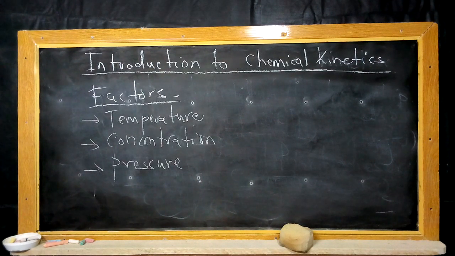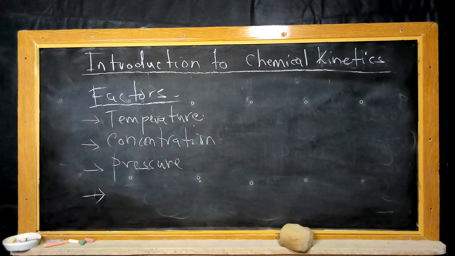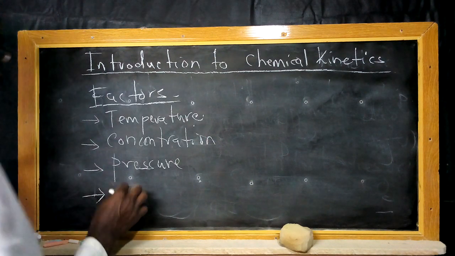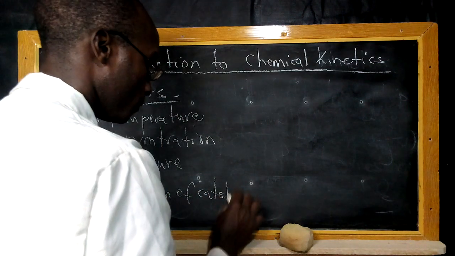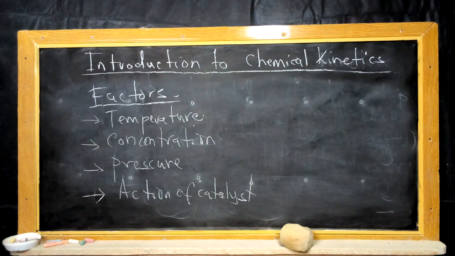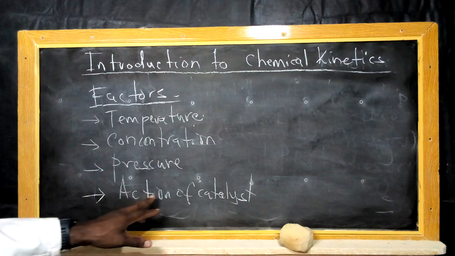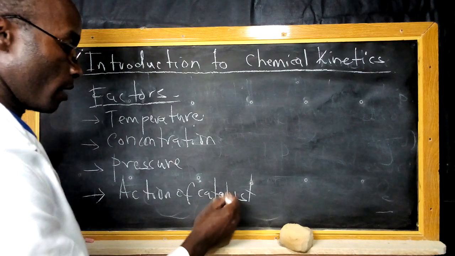Remember, for solids and liquids, when we talk about matter, we shall look at the physical properties, and we shall see that gaseous reactants or products are affected by pressure. And then we shall have the action of the catalyst. For some of the biological processes that we're going to encounter, especially under the study of biochemistry, a catalyst is very much involved in those kinds of reactions.